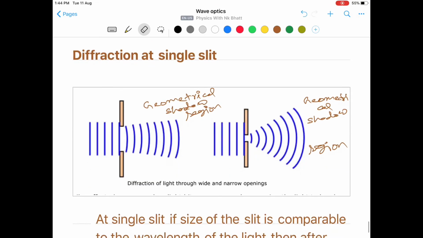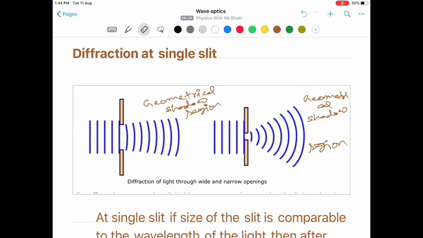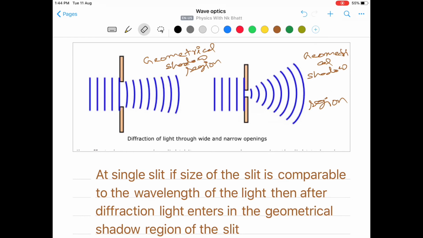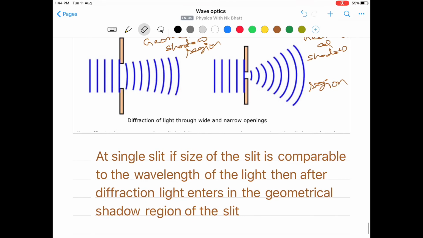So in conclusion, we can say that at a single slit, if the size of the slit is comparable to the wavelength of light, then after diffraction, light enters the geometrical shadow region of the slit. This is about diffraction at a single slit.